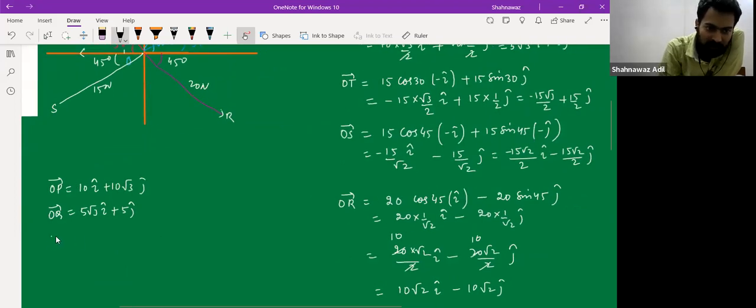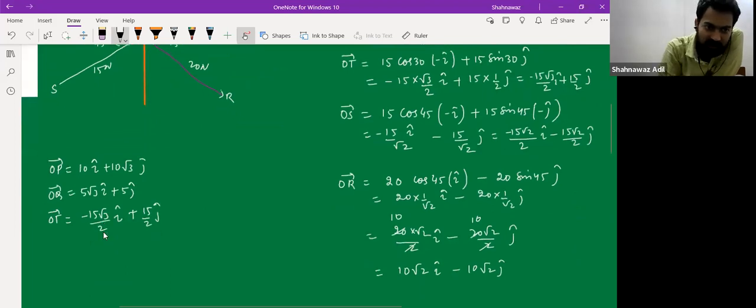OT is minus 15 root 3 by 2i, and then plus 15 by 2j. And then OS is how much?